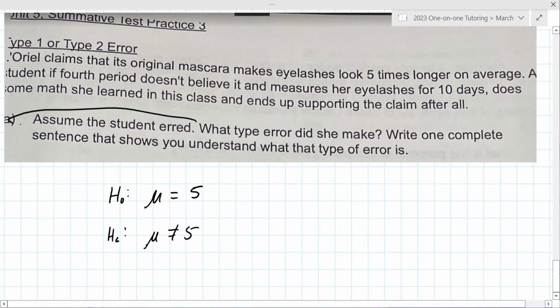That's the way I'm reading this. You might want to just confirm that with your notes for someone else's class, but that's the way I'm reading this. Like they said, oh, we're going to reject that. It's 5 times as long, but it's actually true. The company's claim is correct. So when you reject the null hypothesis and it's actually true, that's a type 1 error.